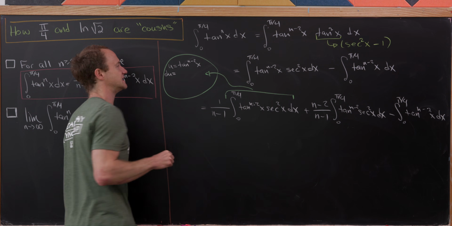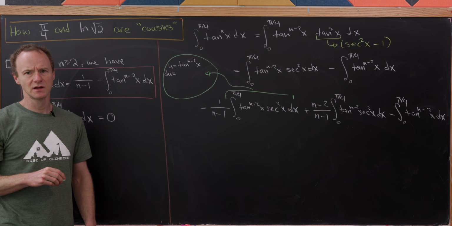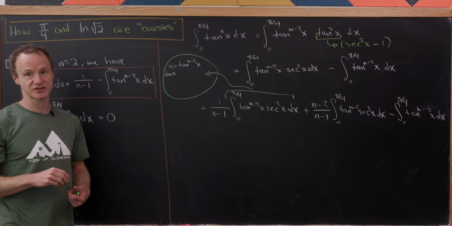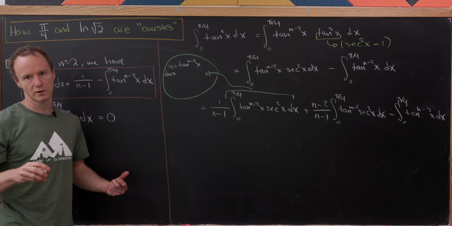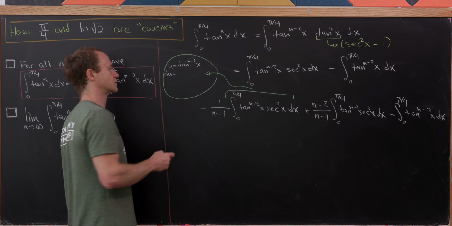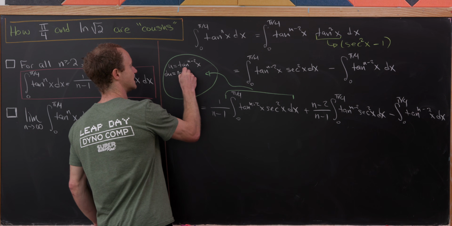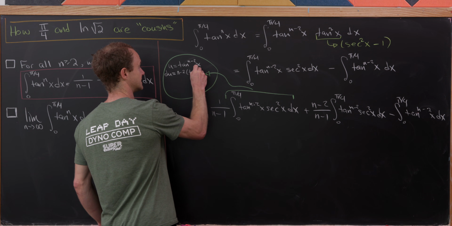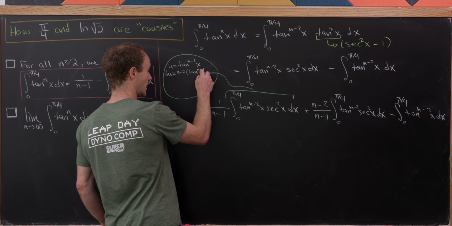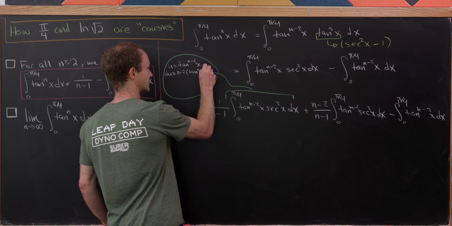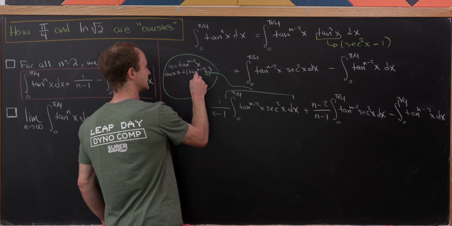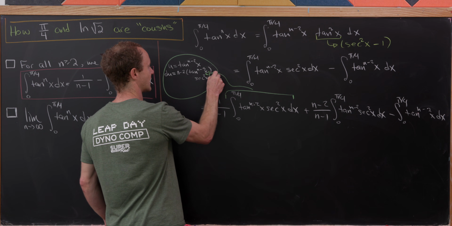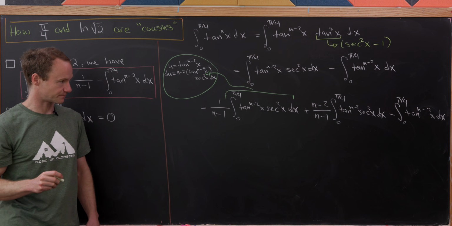What does that make du? Let's recall that the derivative of tangent is secant squared, and then we'll have to employ the chain rule as well. So that's going to give us n minus 2 times the tangent to the n minus 3 of x times the secant squared of x dx.